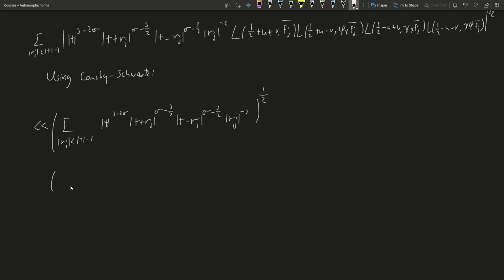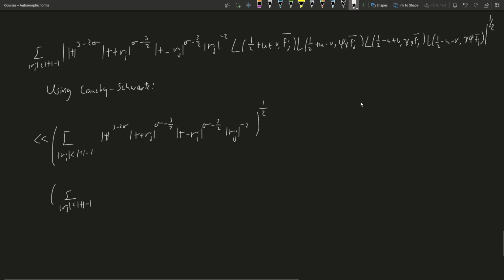times the sum for Rj less than t minus 1, and then the absolute value of all of our L functions. So maybe I'll just copy paste this.